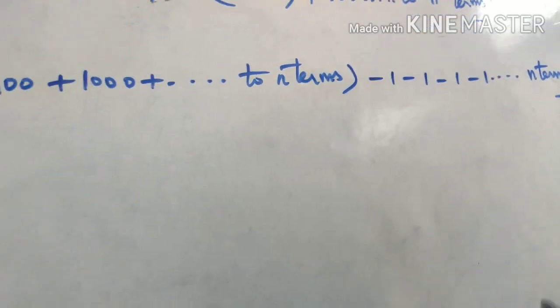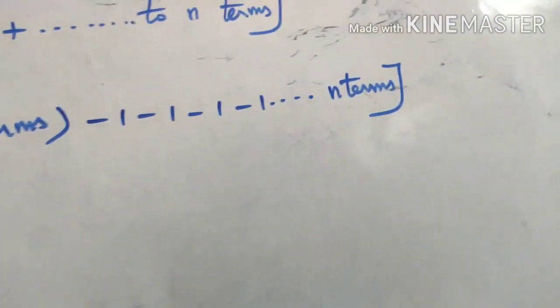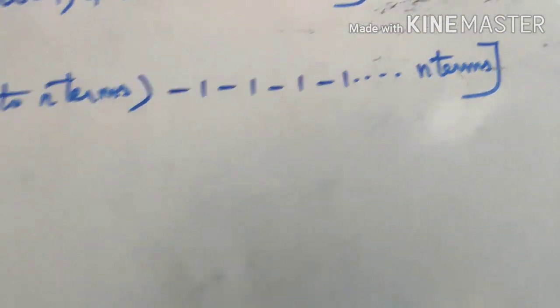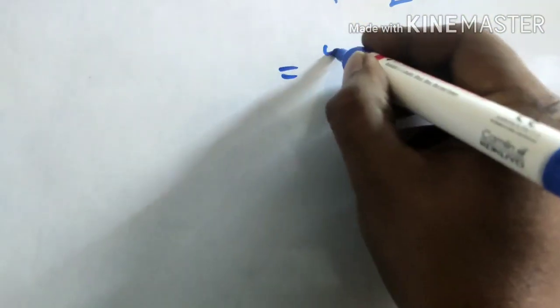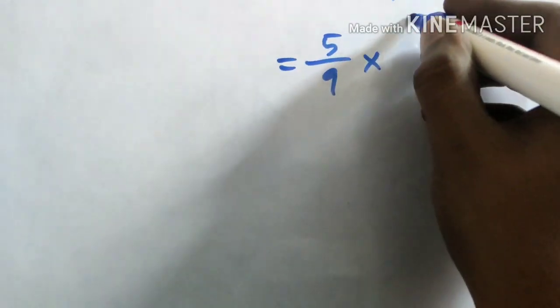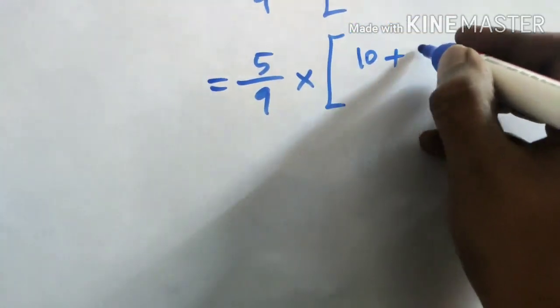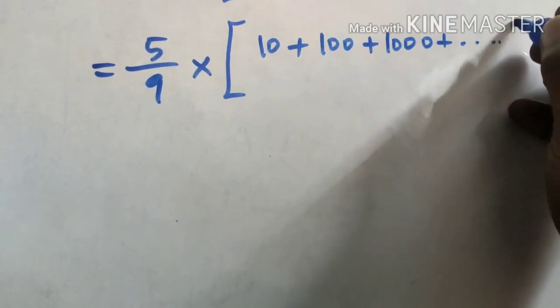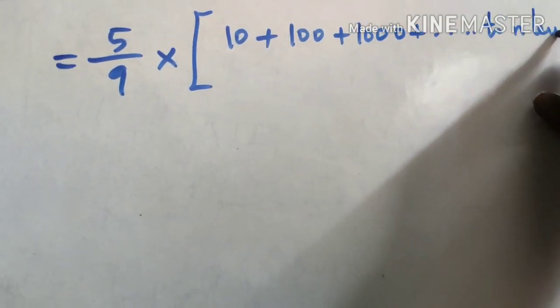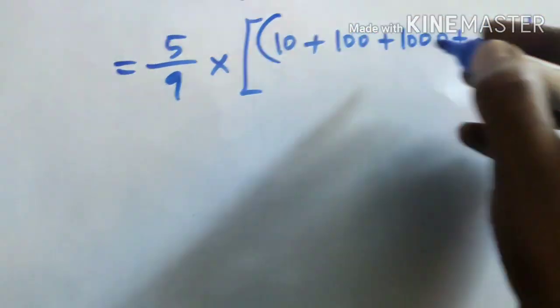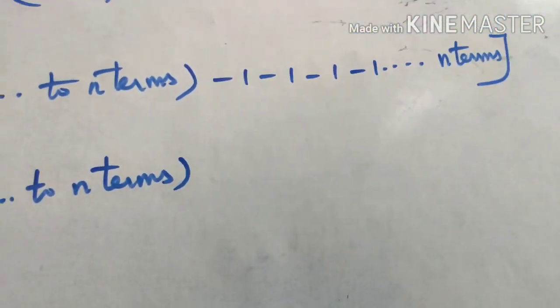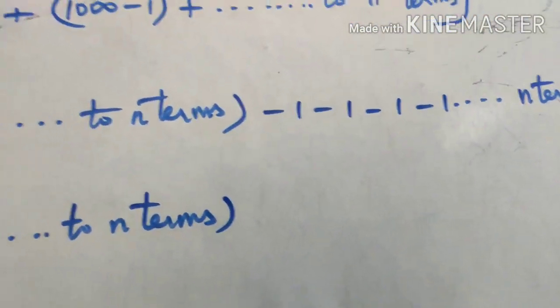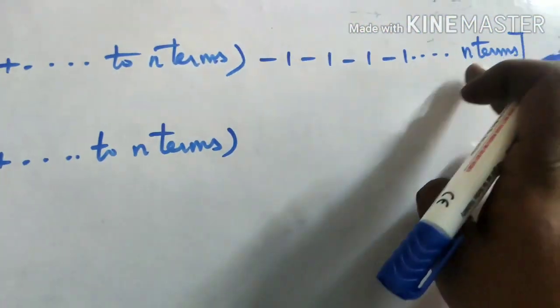We don't know how many minus 1 are there, so I have written just generally n terms. Now, see here, 5 by 9 into 10 plus 100 plus 1000 plus dot dot to n terms, and I don't know how many minus 1 are there.